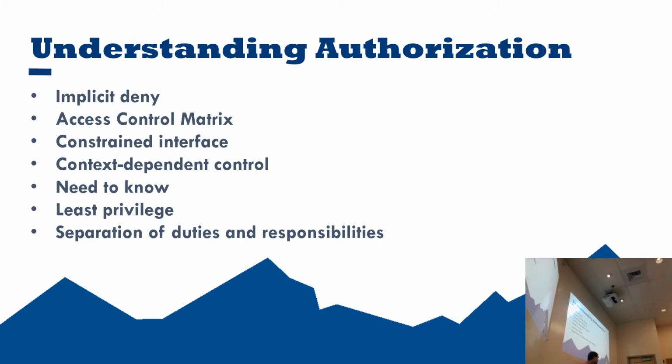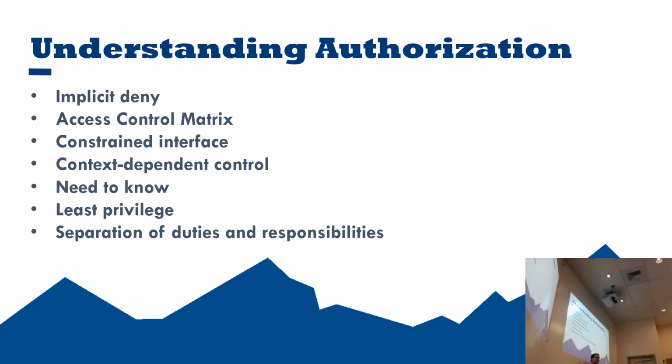Constrained interface. Okay, that's where you have different views depending on what your role is in the organization. So for instance, if you're in my database class, which is an example of a constrained interface? So specifically, what's something that we've created that you can assign to users, basically?